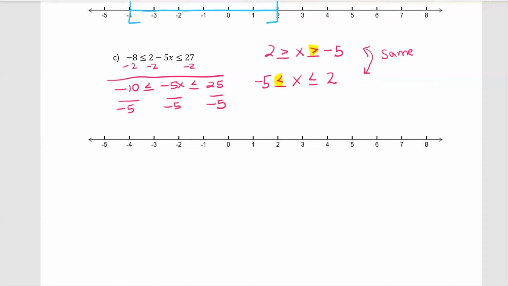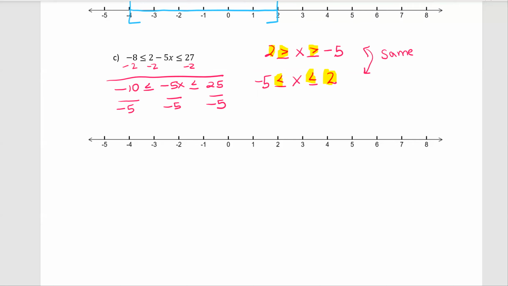The arrow is still pointing to the x. And back in the day, if you learned the alligator eats the bigger number, the alligator is eating the 2. It's still eating the 2 over here. So just know that those two are equivalent. They are the same thing.